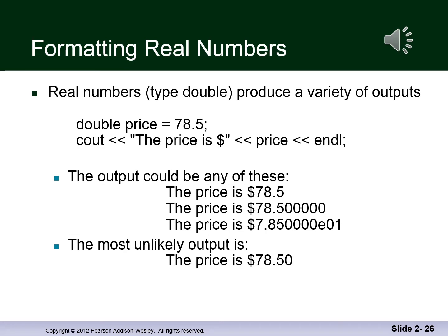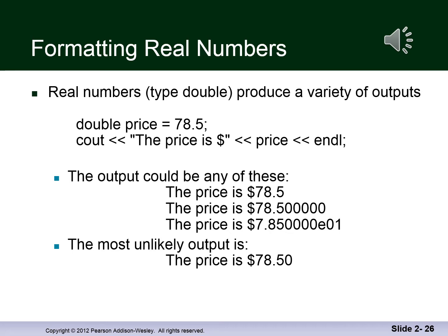Real numbers, which are type double, can produce a variety of results. Here's an example. Double price equals 78.5, and then cout the literal, the price is $ space, and then price and endl.